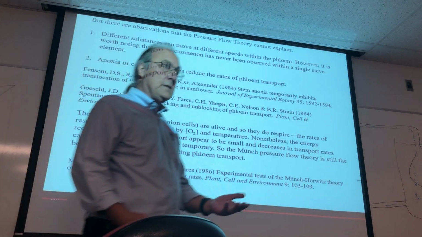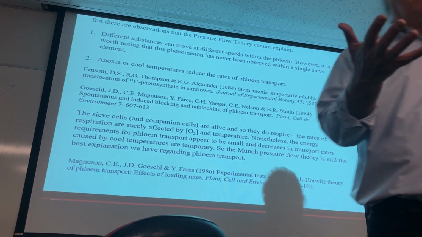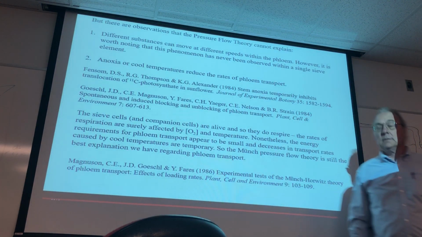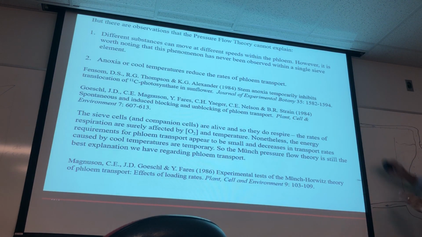You know that the cells in the phloem are living, and we know that they're respiring just like all living cells, and that respiration rate is a strong function of temperature. And it requires oxygen.